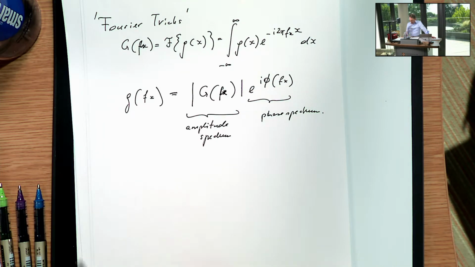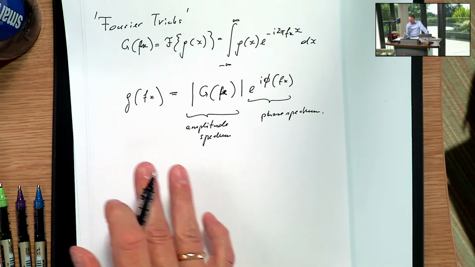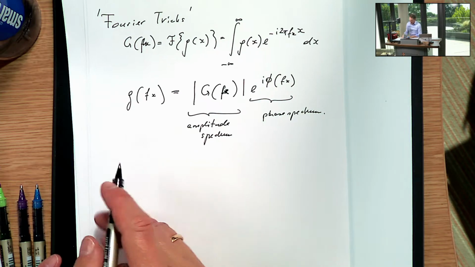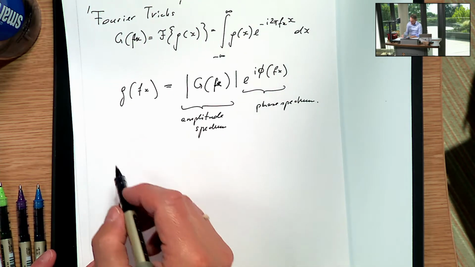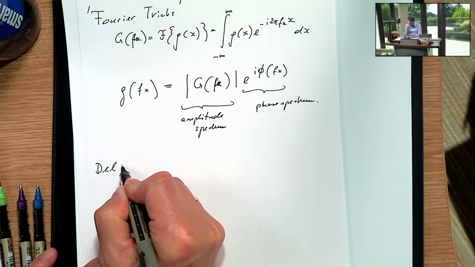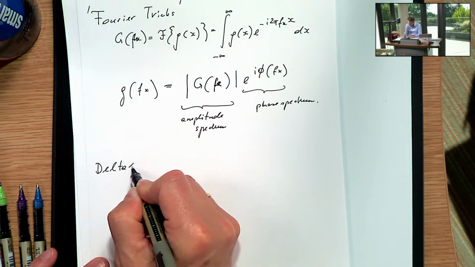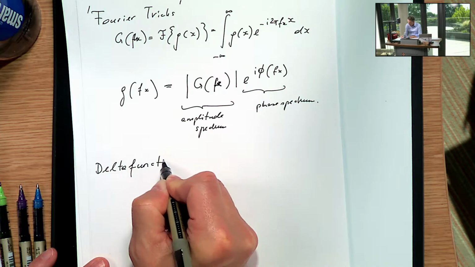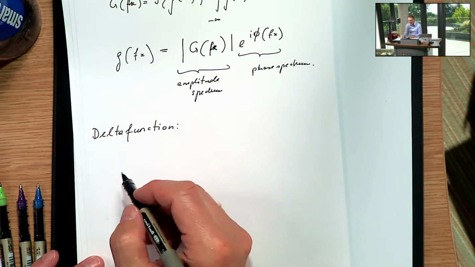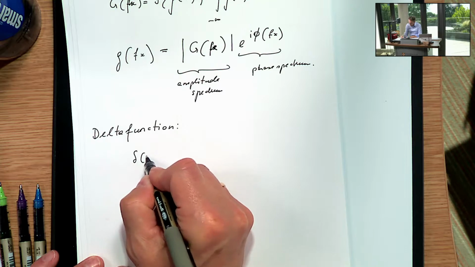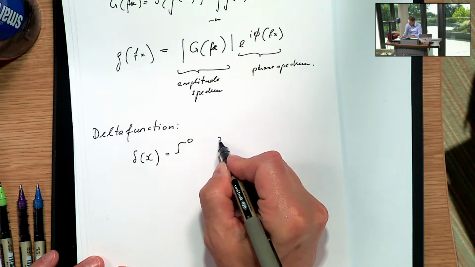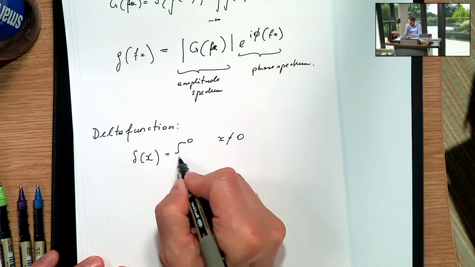And so the most important first function that I would like to discuss with you is the delta function. The Dirac delta function, as it's called. It is defined as follows. The delta function, delta of x, is equal to 0 when x is not equal to 0.